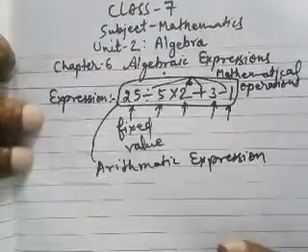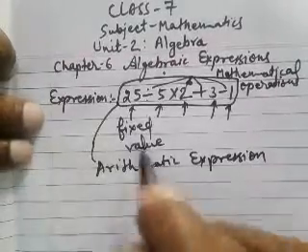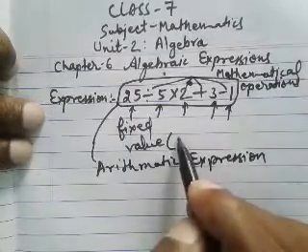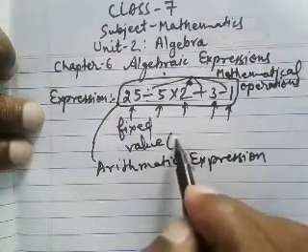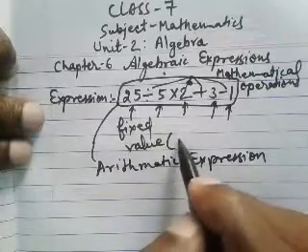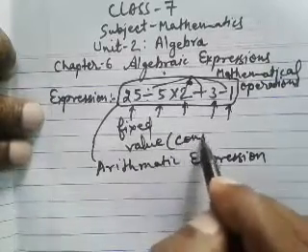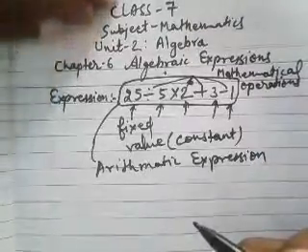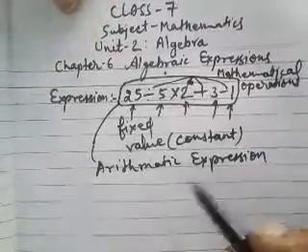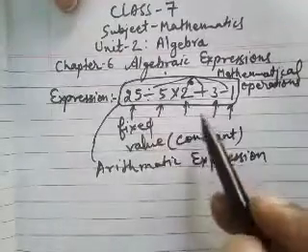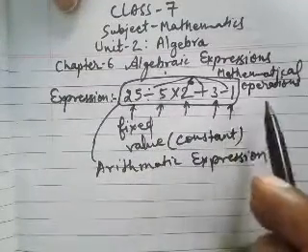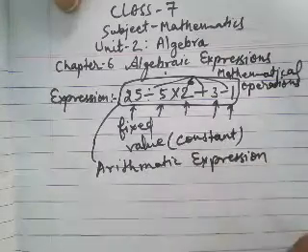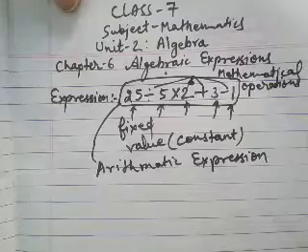These fixed values are sometimes also called constants. Means, if any expression consists of some fixed values along with mathematical operations, this type of expression is called an arithmetic expression.